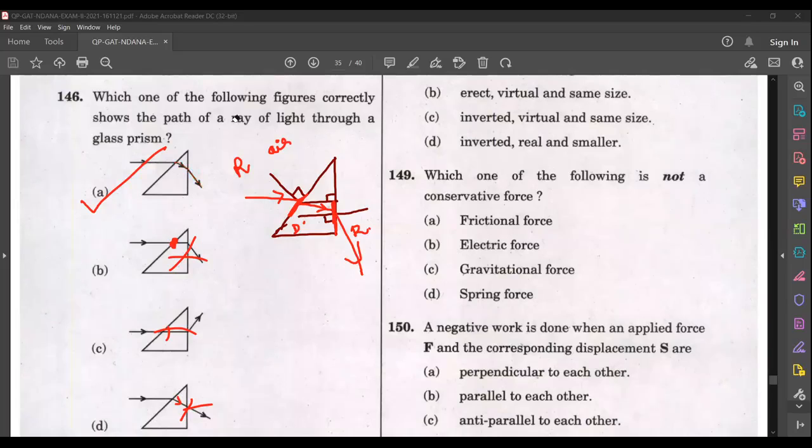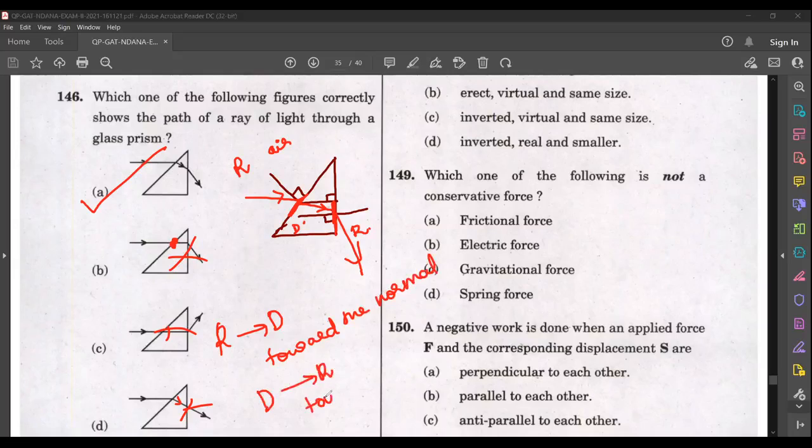Okay, now to answer this question, you have to know two things. When light rays travel from rarer to denser medium, it bends towards the normal. When it is traveling from denser to rarer medium, it bends away from the normal.